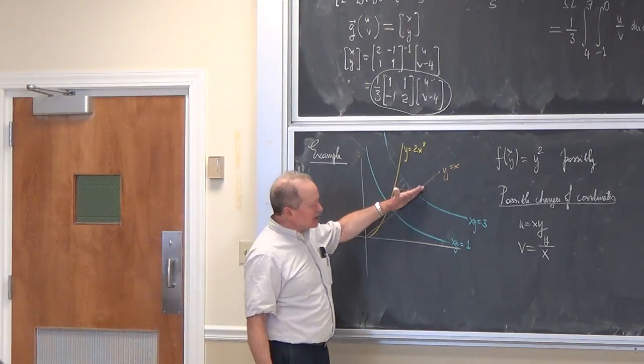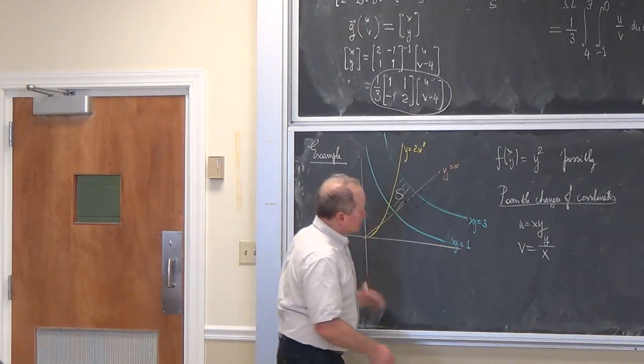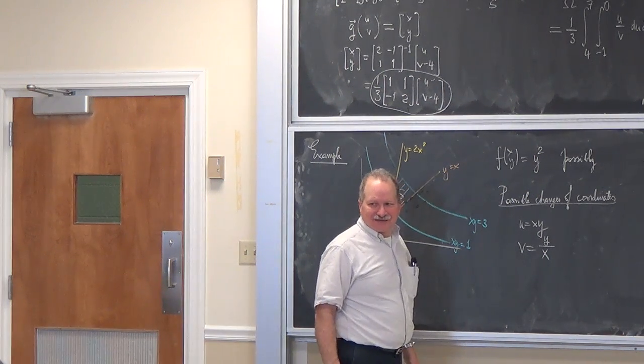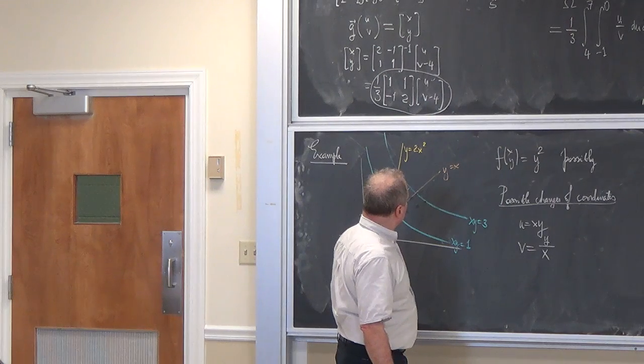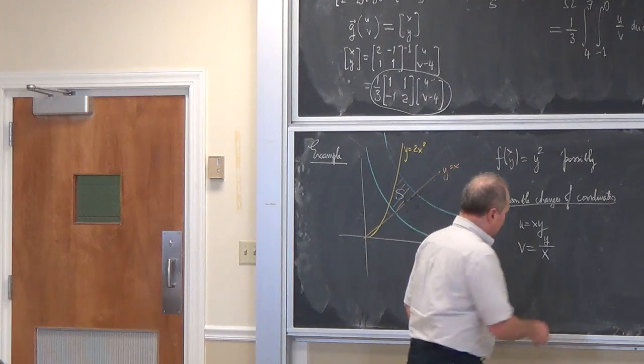Right, then that makes this easy. uv is y squared. And then what does y equals 2x squared become? Why don't we do x over y instead of y over x? That might work better.